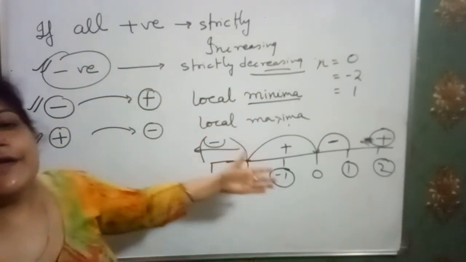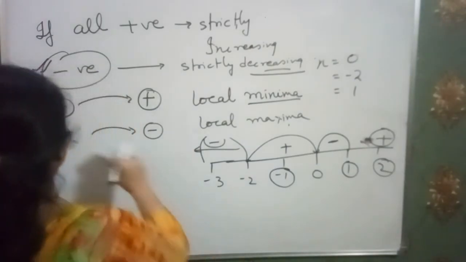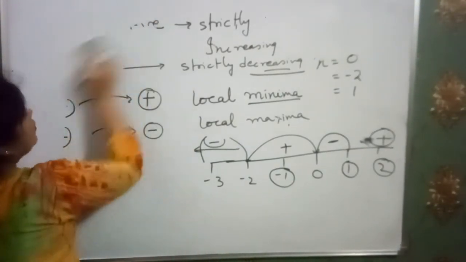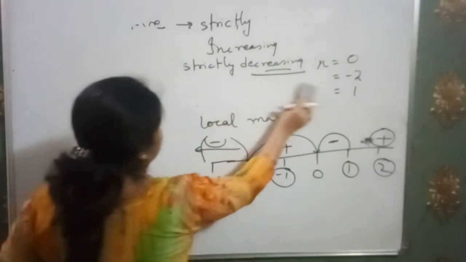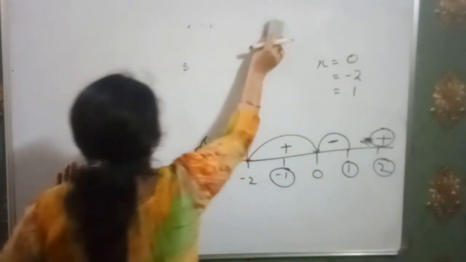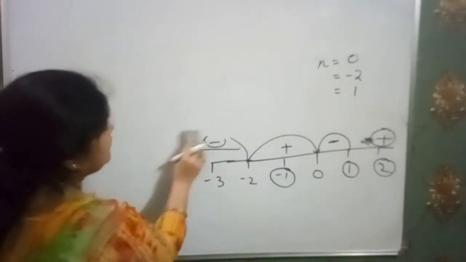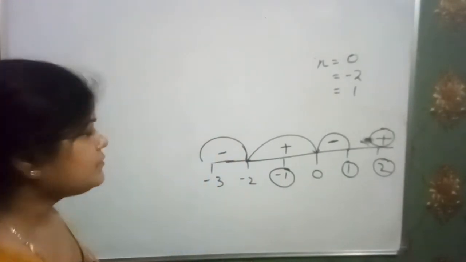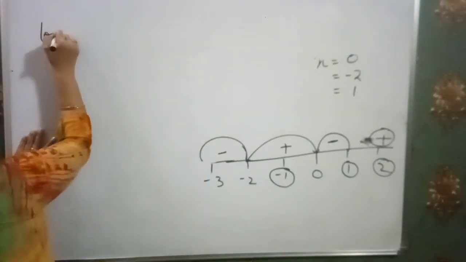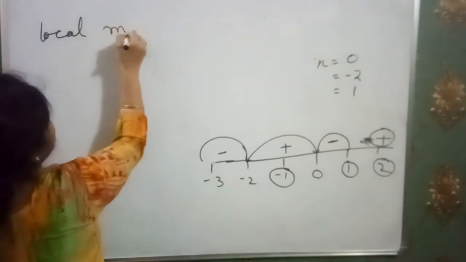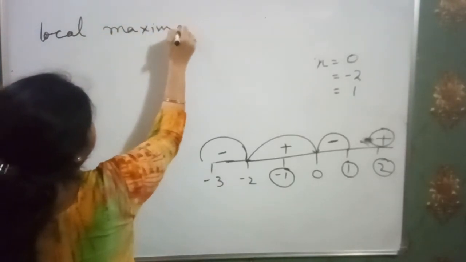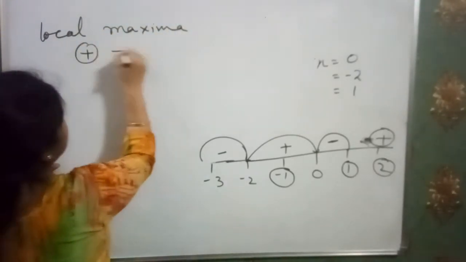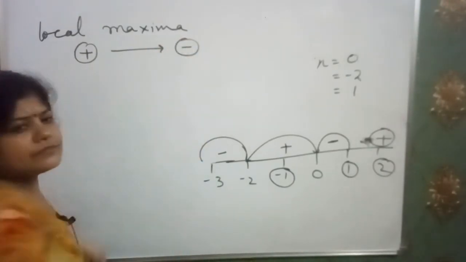Now we have to find the answer. We have to find the local maxima and local minima for these points. Clear? Now we observe here our graph. Firstly, local maxima. That is plus value to minus.